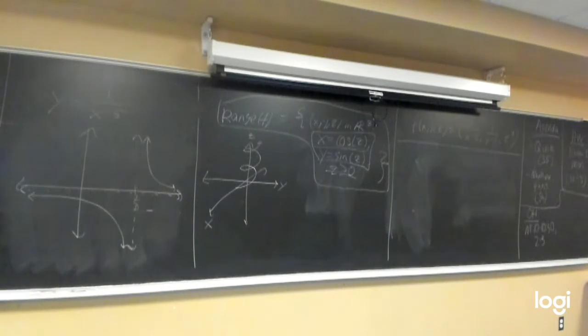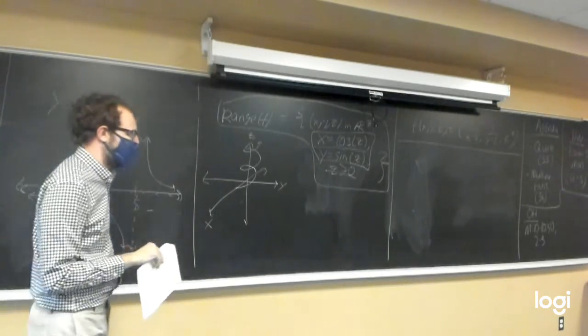And if you want, I drew a little hint on the board. Here's a graph of what y equals 1 over x minus 5 looks like. That'd be helpful in, say, finding the range.